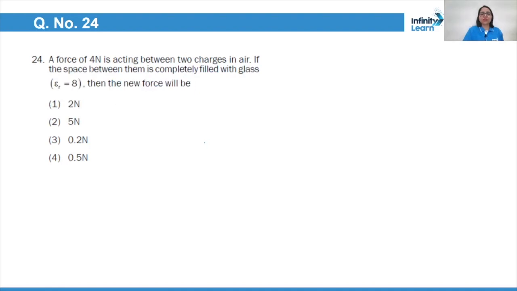Question number 24. A force of 4 Newton is acting between two charges in air. So force in air is 1 upon 4 pi epsilon naught q1 q2 upon r square. If the space between them is completely filled with glass of relative permittivity epsilon r equals 8, then the new force will be F dash, which is 1 upon 4 pi epsilon naught epsilon r, q1 q2 upon r square.